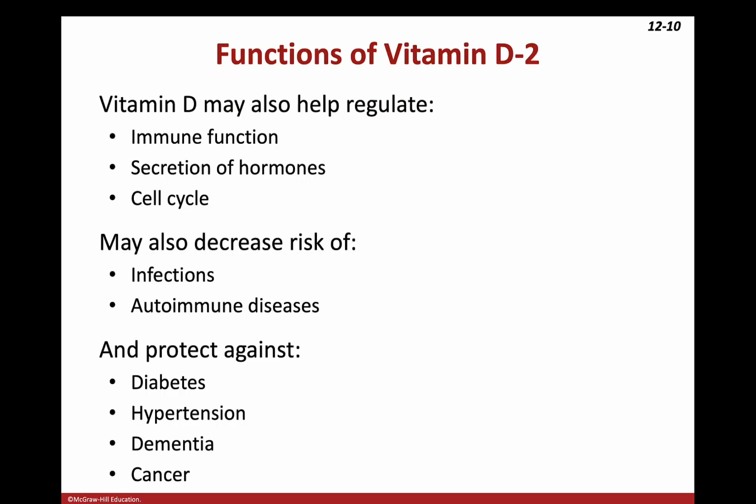Now, if we look at some of the functions associated with vitamin D, this would be vitamin D2. It may help regulate immune function, secretion of some hormones, and the cell cycle. It may also decrease the risk of infections and some autoimmune diseases, and it will help protect against diabetes, high blood pressure, dementia, and some cancers.